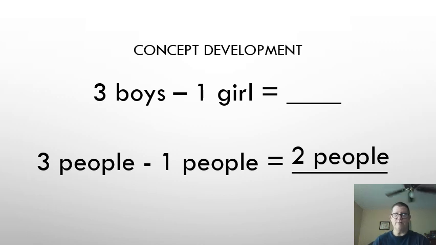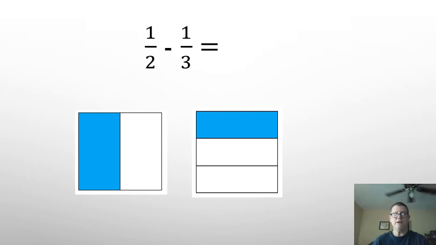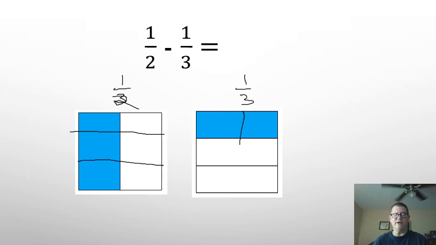Now let's see how we can apply this. Here's a fraction that we're subtracting. We're subtracting 1/3 from 1/2, and we've already got them modeled. Now, just like we did in addition, we're going to segment our different models. So we're going to take our half and we're going to split it into thirds. We're going to take our thirds and we're going to split that one into half.